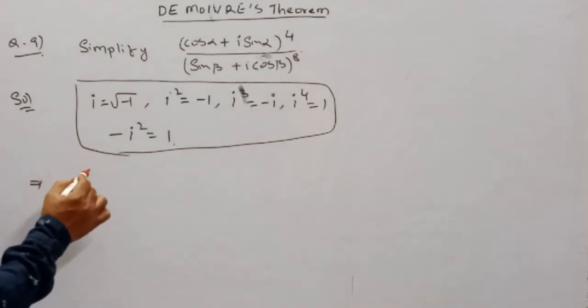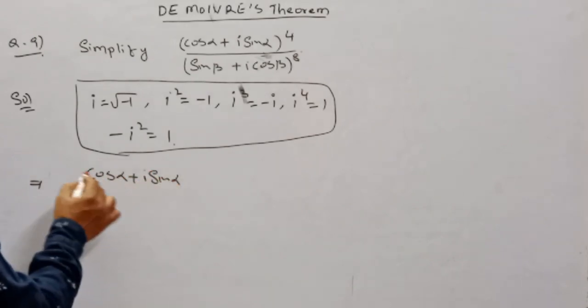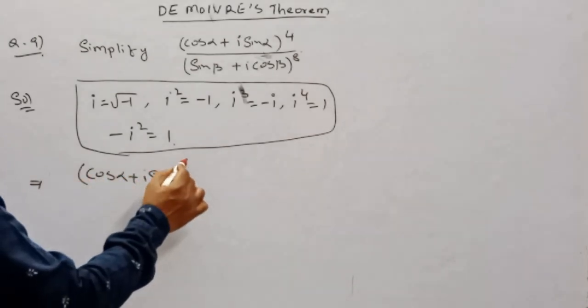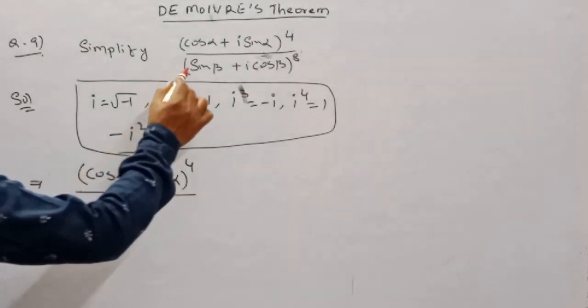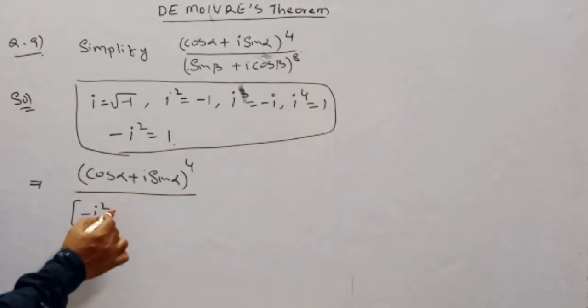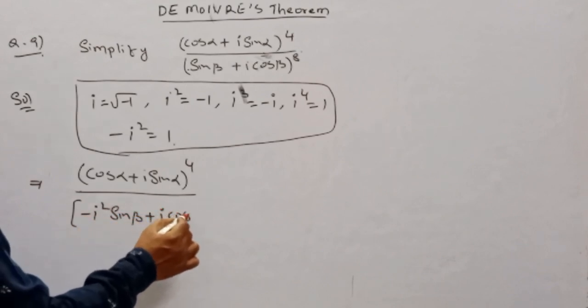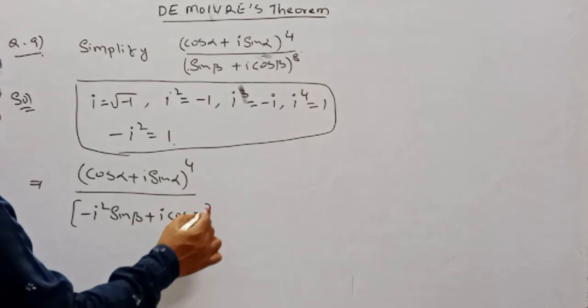Then (cos alpha plus i sin alpha) whole power 4 by, here in the denominator, you can write minus i square, (sin beta plus i cos beta) whole power 8.